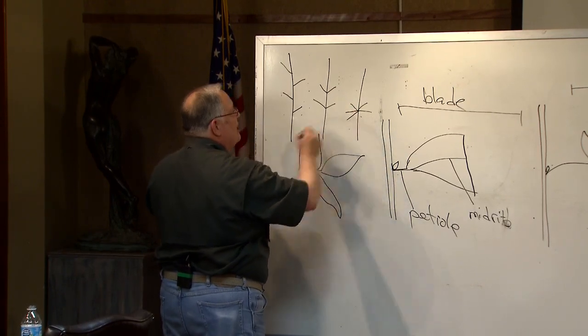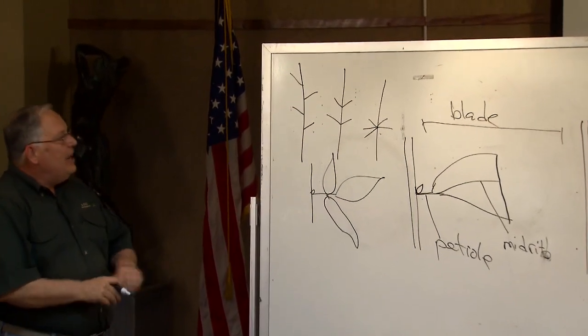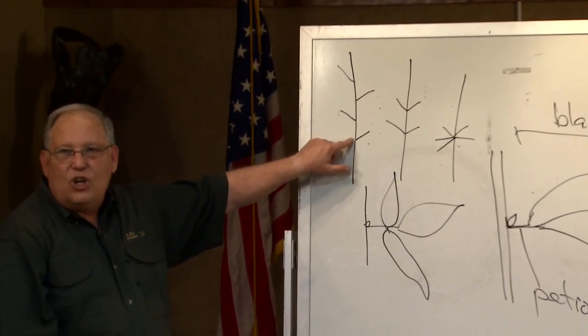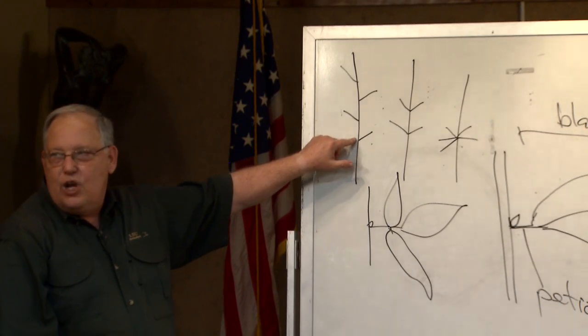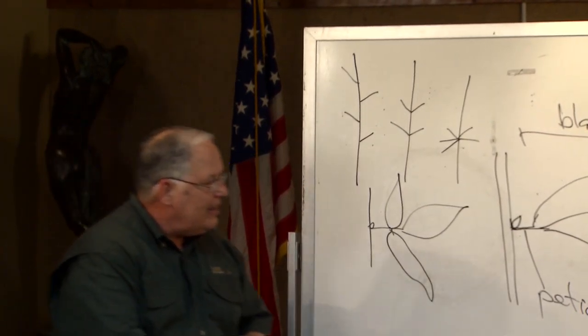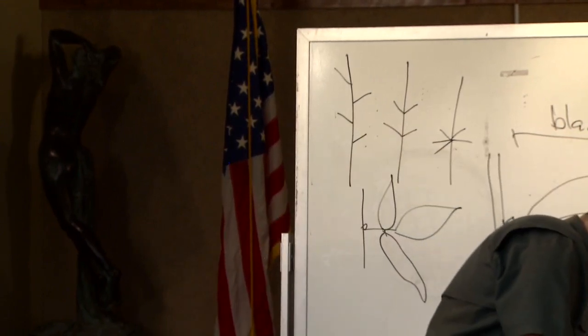You may have several leaves coming out of one spot. And what is it called where the leaf is joined to the stem? It's called the node. All right, any questions on leaves?